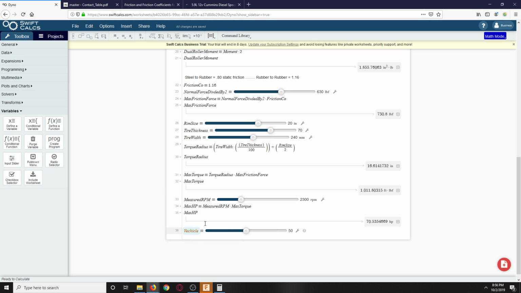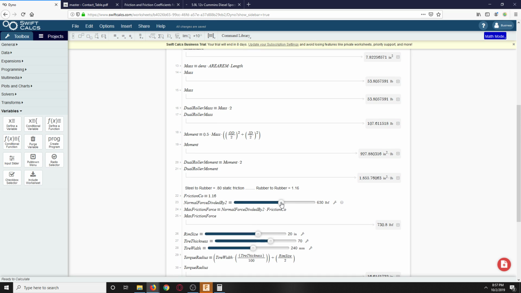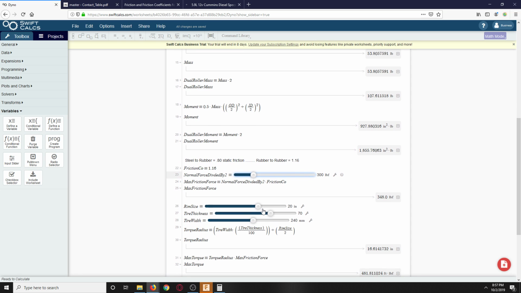Vehicle rated torque. Also, I was talking to my brother about this for motorcycles, and I think motorcycles have a decent sized tire. So even with my brother on the bike, I think he has like a 400-pound bike. So let's say 400 plus himself, that's 600 pounds, divided by 2 is 300 pounds. So let's say 300 pounds. And let's say that this is a 20-inch rim.